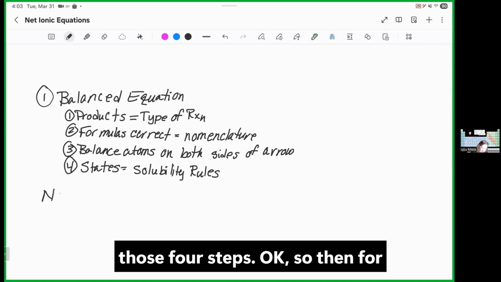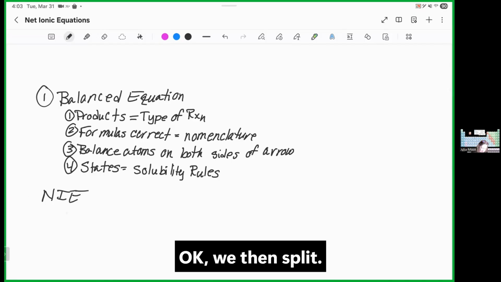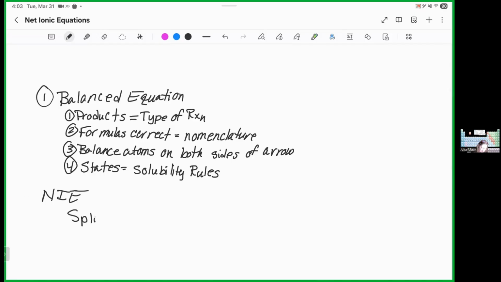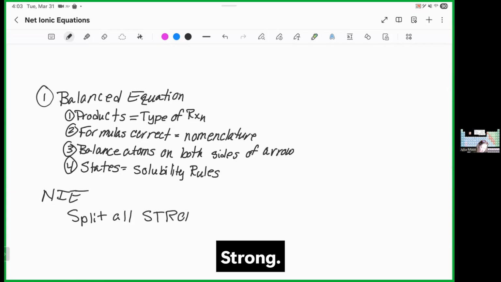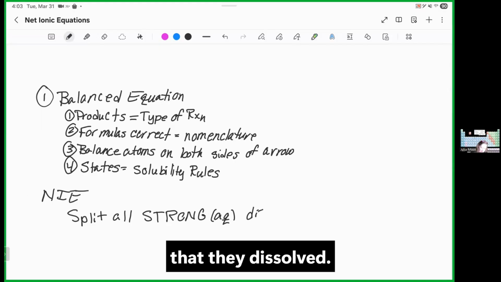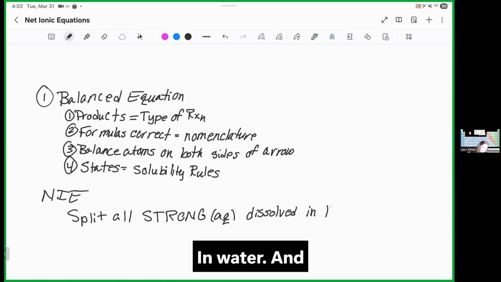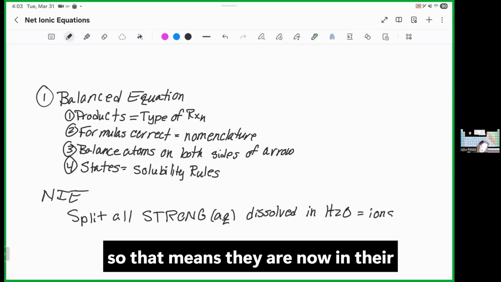Okay, so then for a net ionic equation, we then split all strong aqueous. Because that means that they dissolved in water, and so that means they are now in their ionic form.